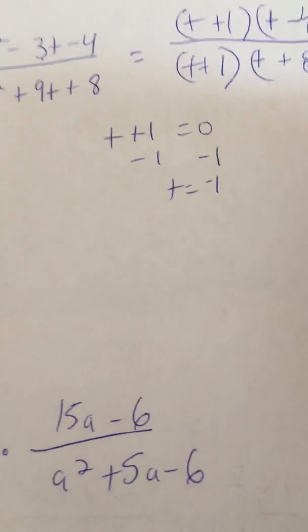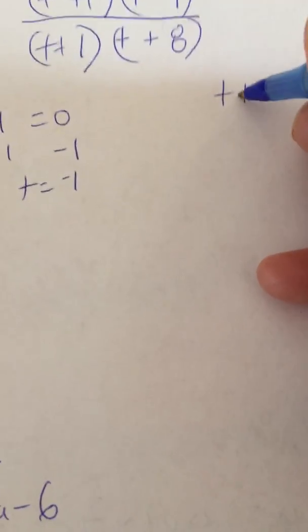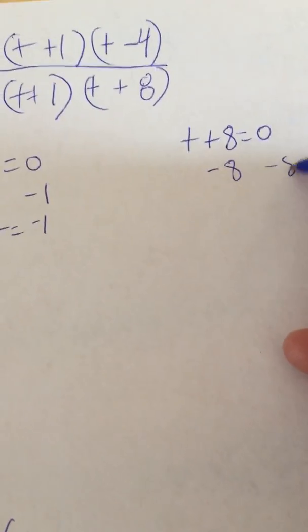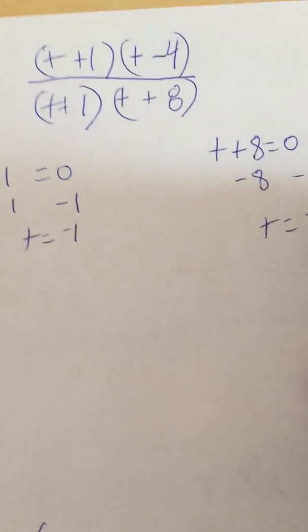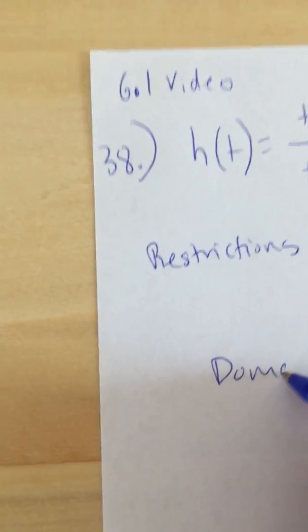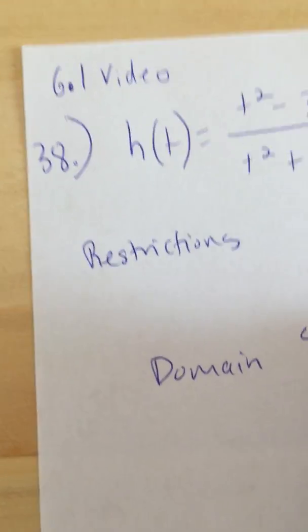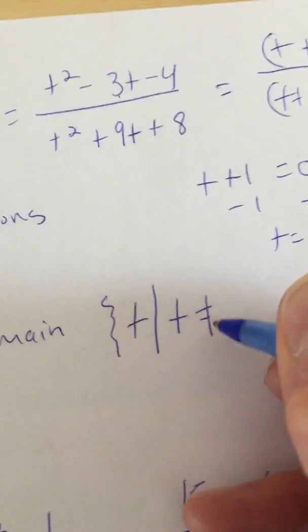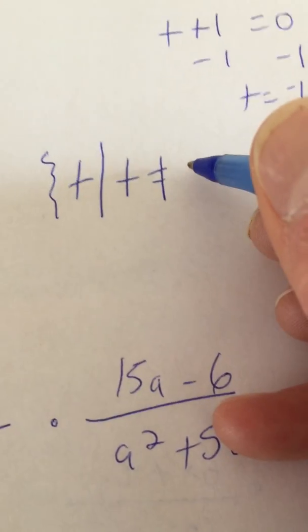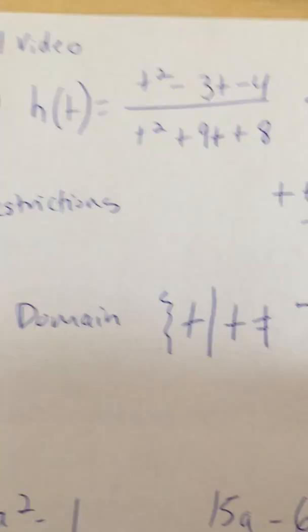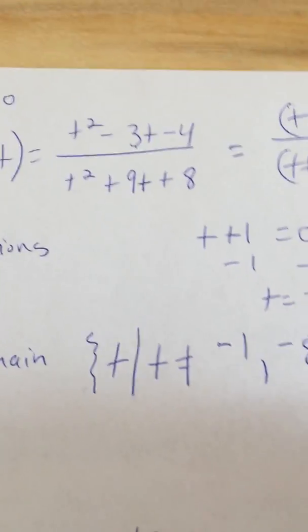In addition, I'm going to do t + 8 equals 0. I'm going to take away this 8, take away this 8, and t is going to equal -8. Both of those will make it undefined. The way we mark that is by saying that t cannot equal -1 or -8, and then we're going to do it in interval notation.